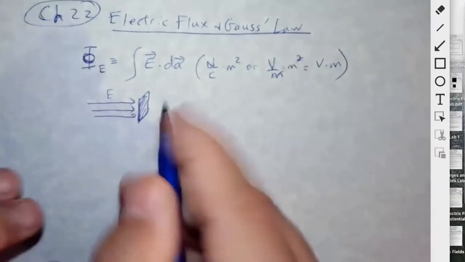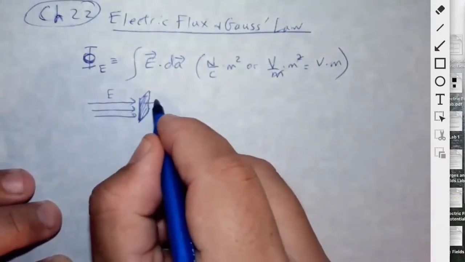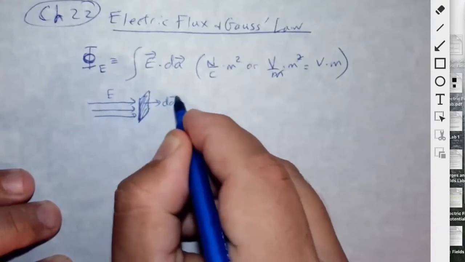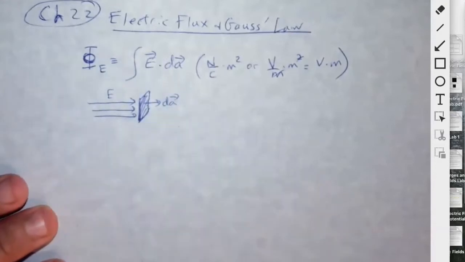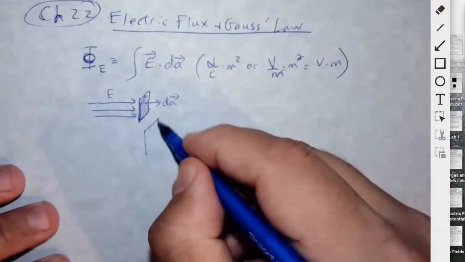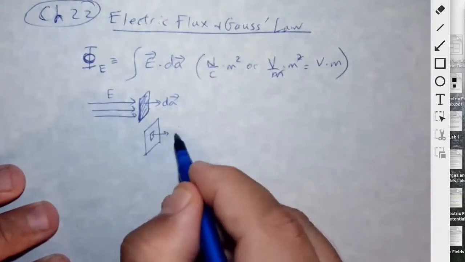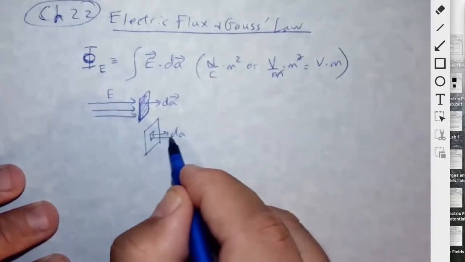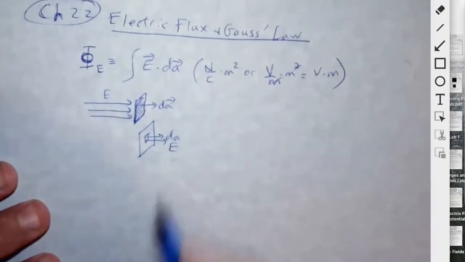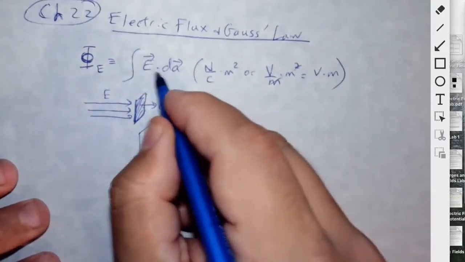So this is kind of a three-dimensional picture. The area vector technically is this way, dA. So what you're doing is taking little pieces of the area vector, dA, then taking the electric field and the dot product of those two vectors.